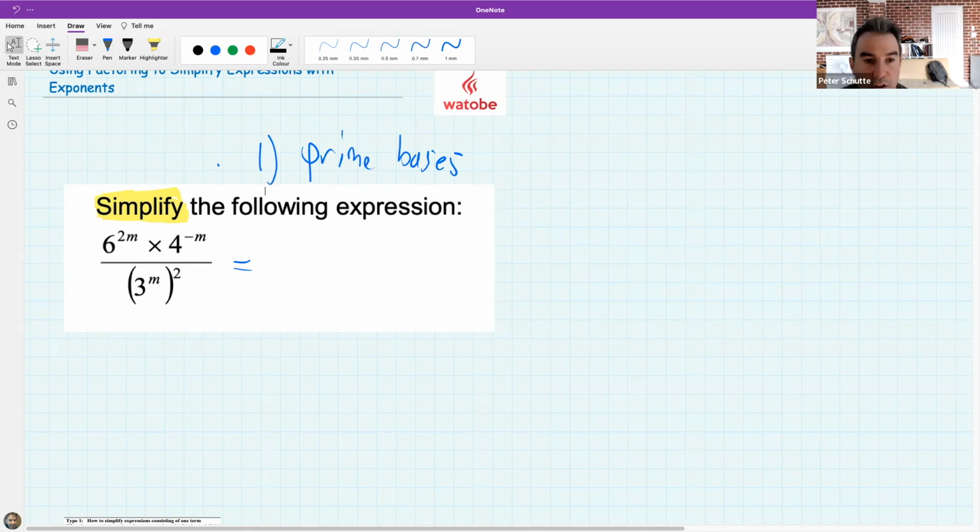Perfect. And then with 4. Yeah, go with the 4. With 4, I'm going to change it into an exponent, and I'll put it in exponential form, which is going to be 2 to the power of 2, and then I put it in brackets. And I'll just leave it like that because I think 3, the denominator, is already simplified.